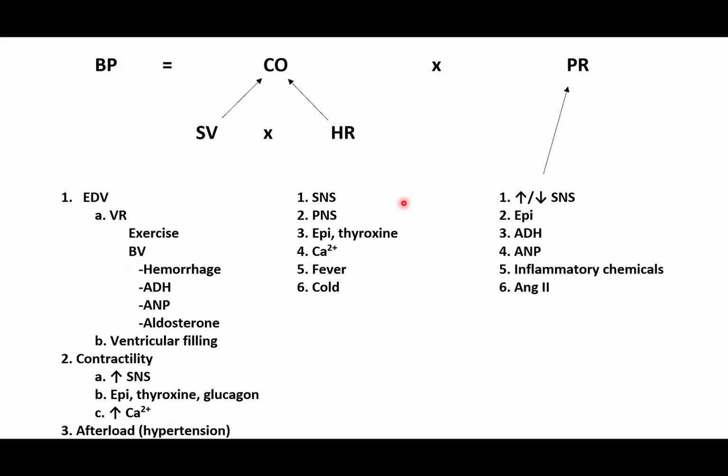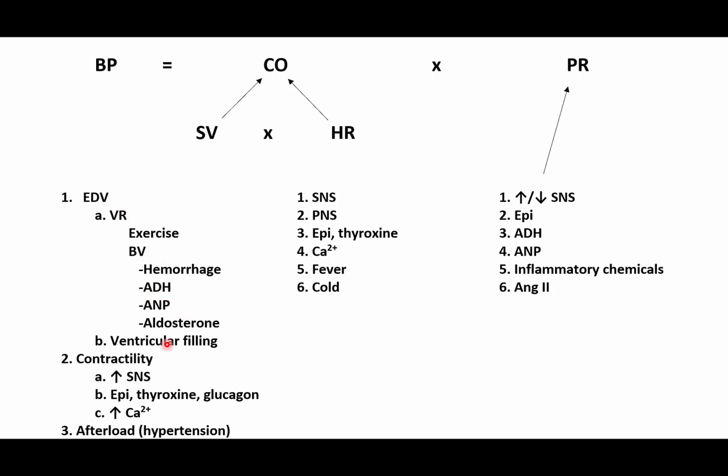So that's how this chart is going to work. Everything on here is under what it will impact. The one that trips students up the most is over here under stroke volume. The way this works is 1, 2, and 3 regulate stroke volume. A and B underneath EDV regulate EDV. Exercise and blood volume regulate VR. These things regulate blood volume.